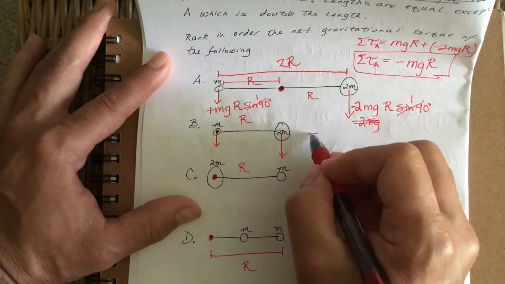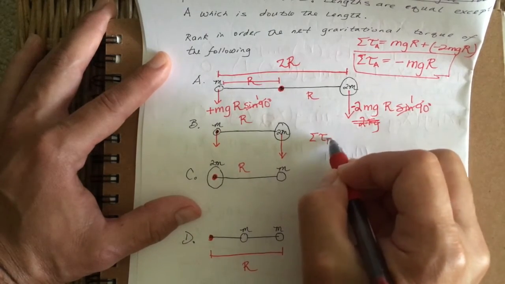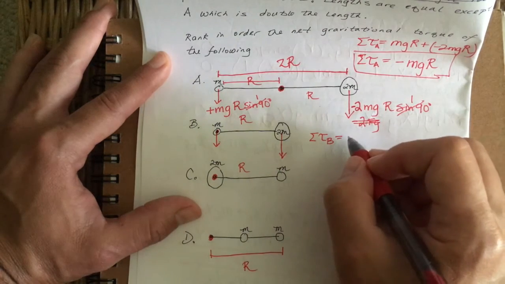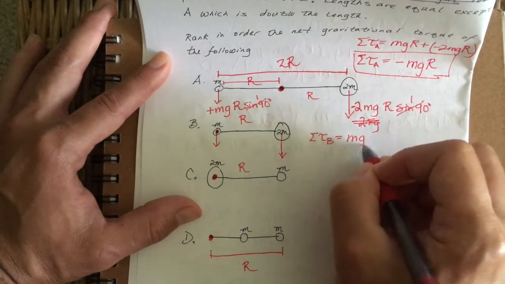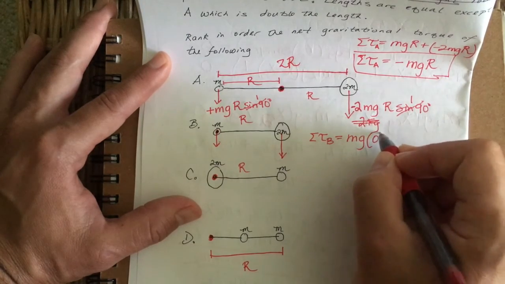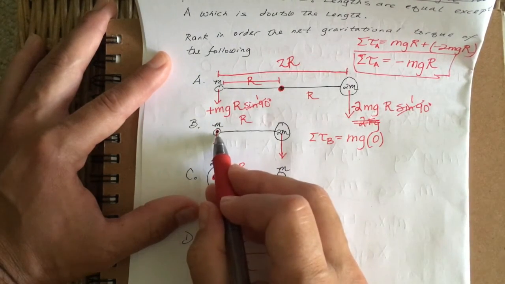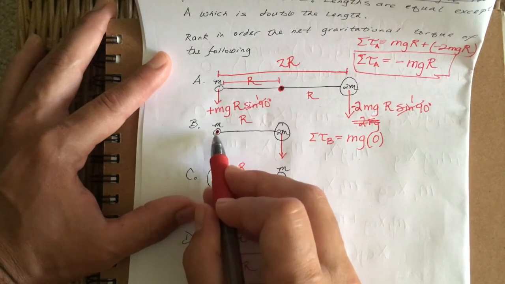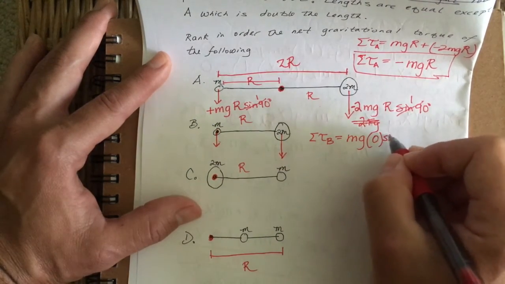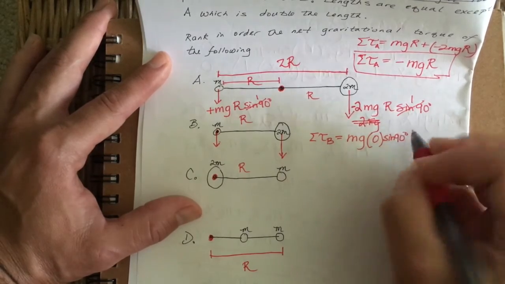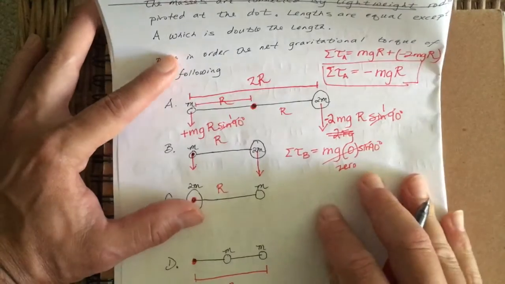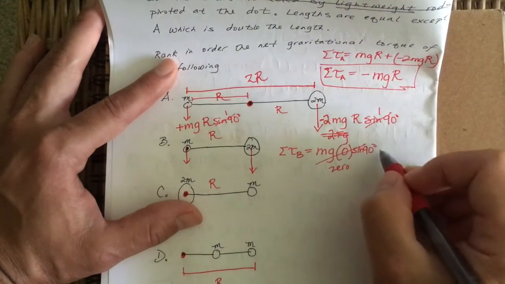But when we sum the torques on B, for this mass we get mg times 0, because there's no r, there's no distance from the pivot. The m is at the pivot. So times sine 90, long story short, this whole thing becomes 0, right? And we're going to add it to what?